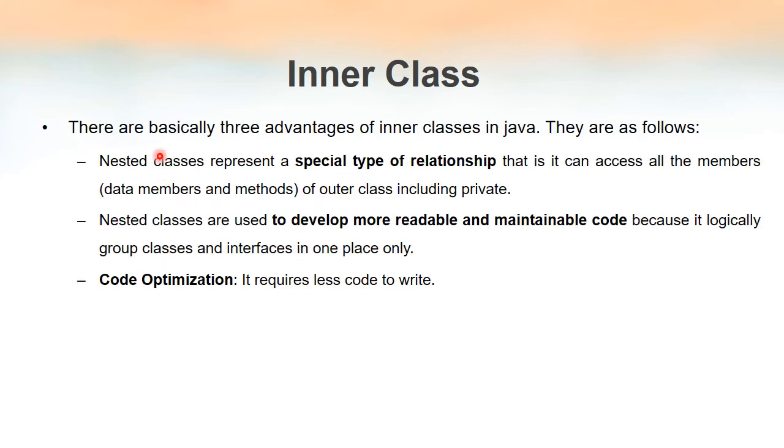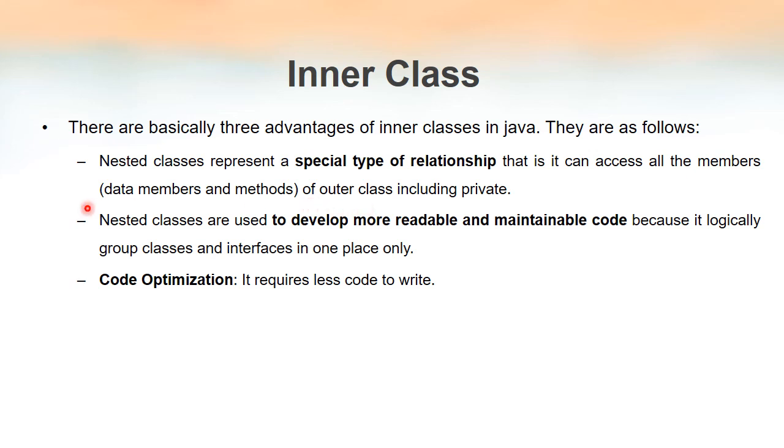So why do we have to use inner classes? There are three main advantages. One is that it's a special kind of relation between the outer class and inner class. The inner class can make use of the variables and other members of the outer class.